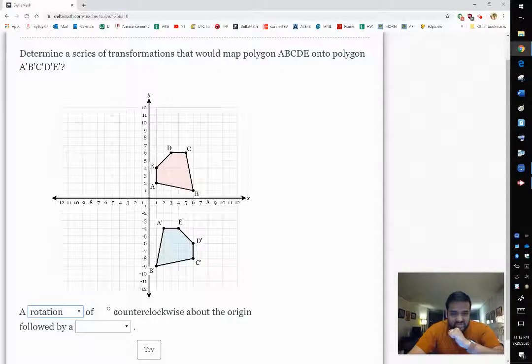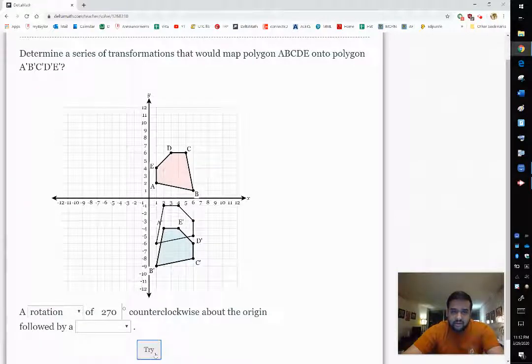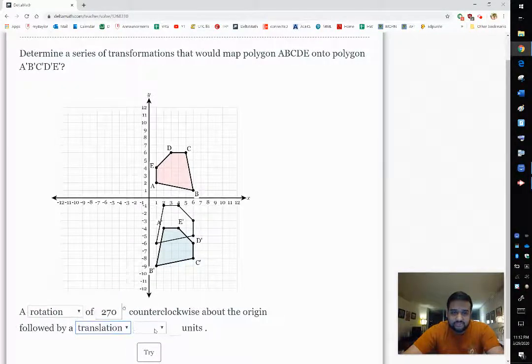It already gives us counterclockwise as the direction. So we're going to have to move, it looks like 270 degrees. And I'm just going to try to see if that works. So I know there's going to be 2 steps here ultimately, but I'm just going to try it. Okay. That isn't where I want it to be. So the next step would be, looks like translation.